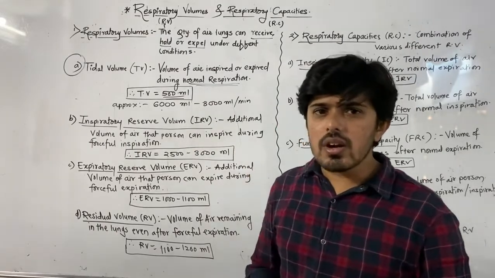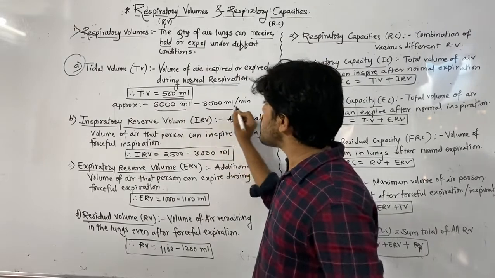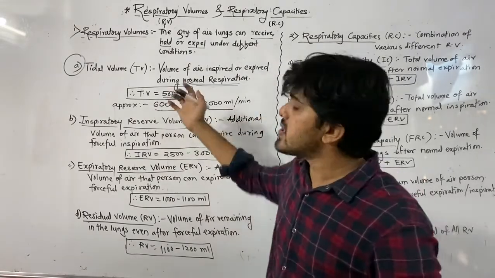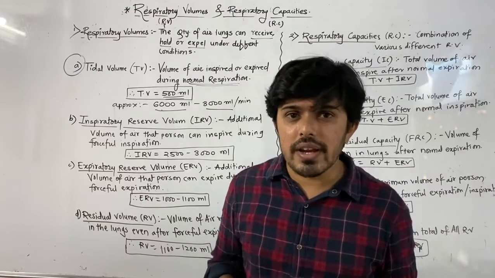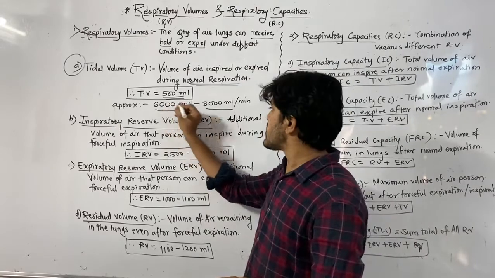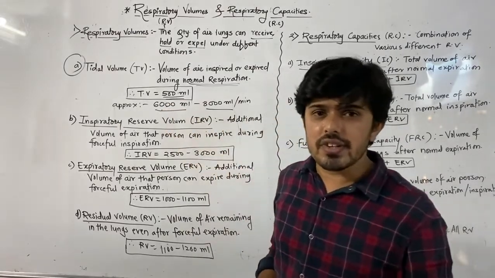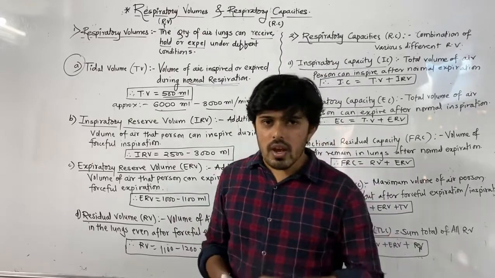So normally a person's tidal volume per minute is 6,000 ml to 8,000 ml. Just multiply this value with 12 to 16. So the approximate tidal volume per minute is 6,000 ml to 8,000 ml, that is 6 liters to 8 liters per minute. That is our normal tidal volume.